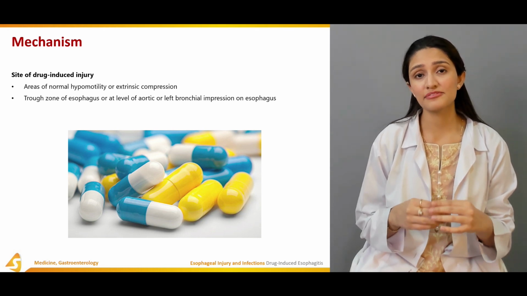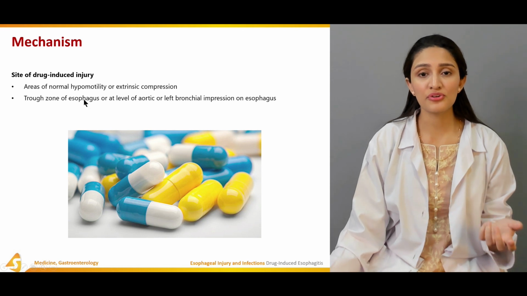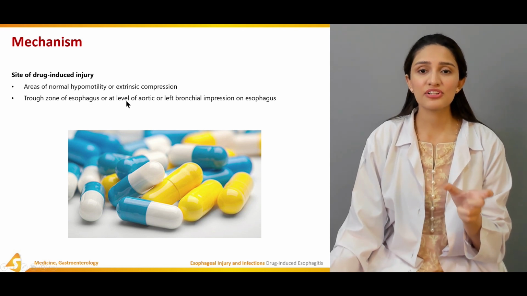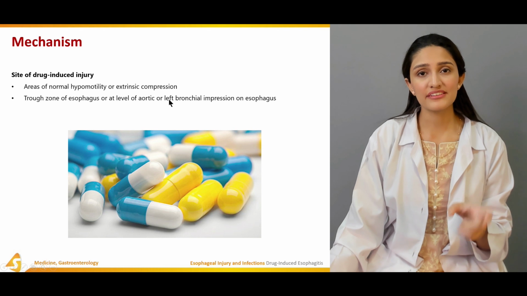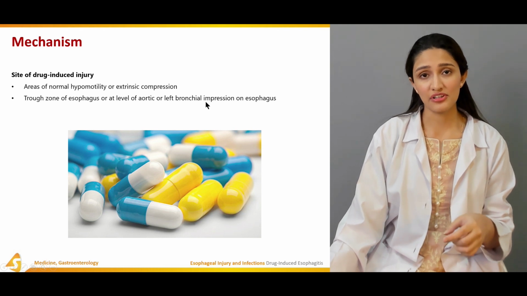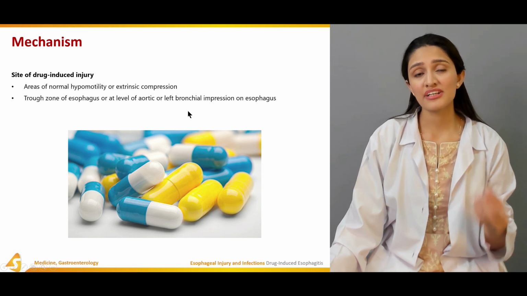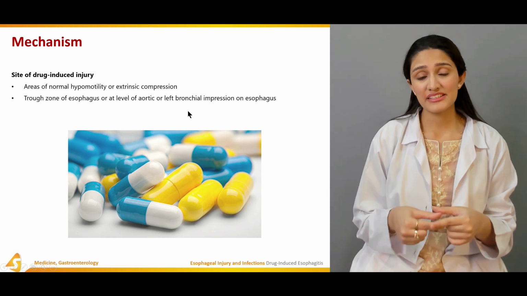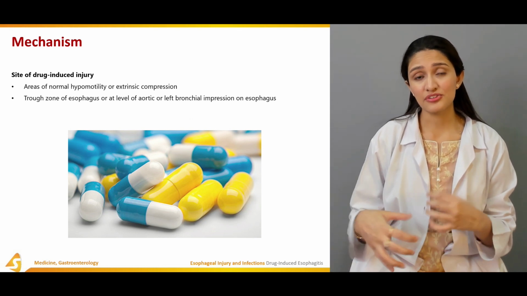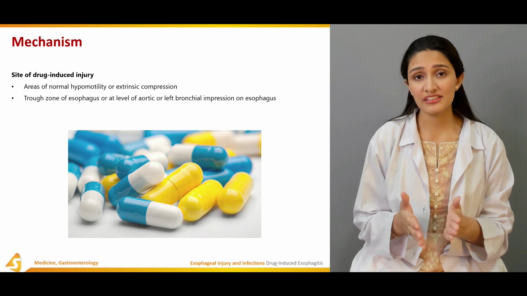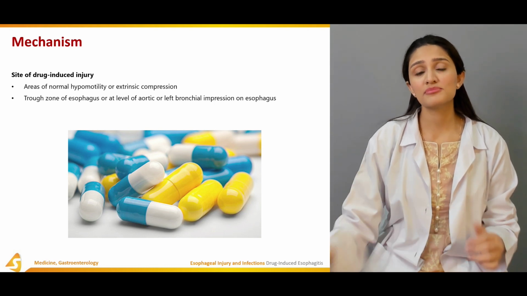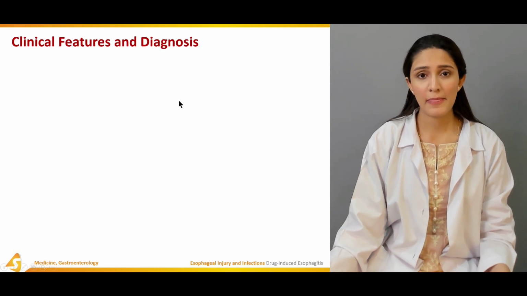This is an area within the esophagus which is more prone. Other areas are at the level of the aortic arch or the bronchial impression on the esophagus. In these areas the medications can reside, have a longer contact period, and cause injury to the mucosa of the esophagus.